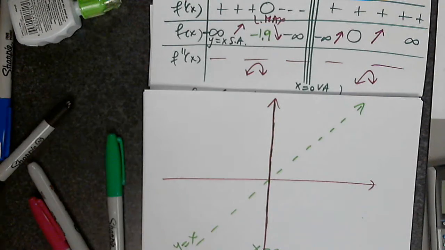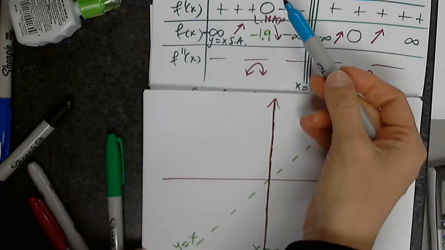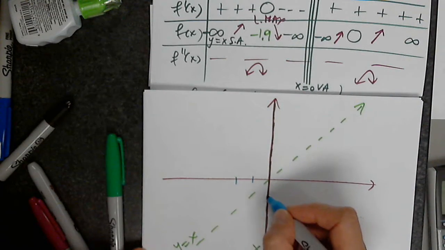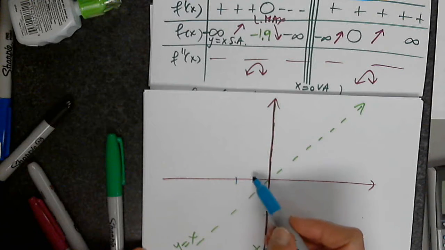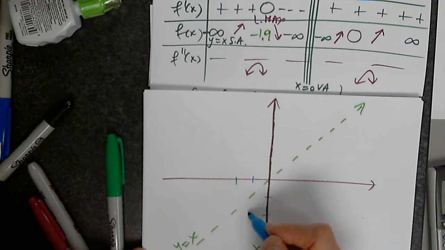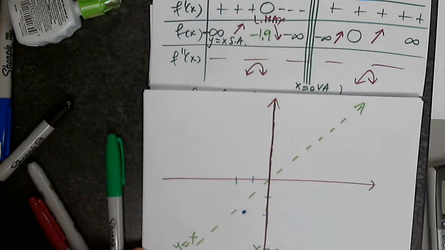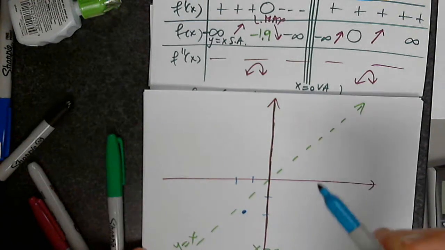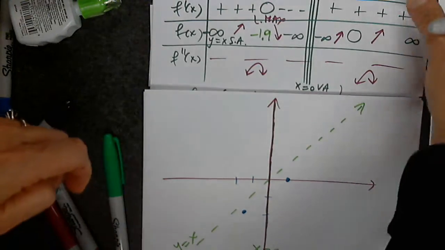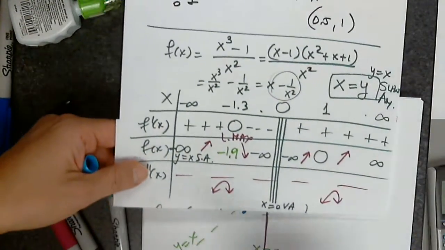And now negative 1.3, negative 1.9. And the point 1, 0. Okay, so let's read the chart.